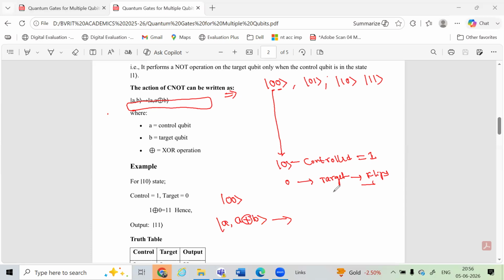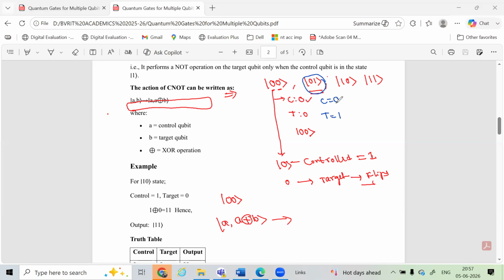For example, here it is the 0, 0 state. The control value is 0 and the target value is 0. Whatever our requirement, the control is not 1, right? Then the final result state is 0, 0. Here again, the control value is 0 and the target value is 1.